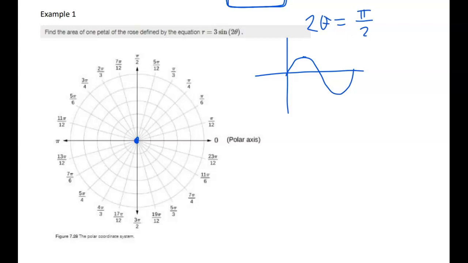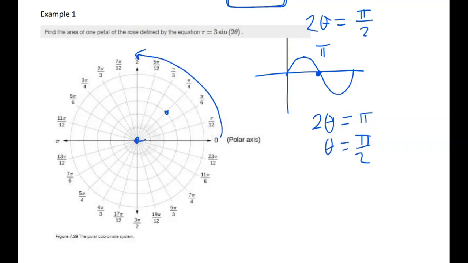So that's at theta equals pi over 4. I'm going to have a radius of 3. So one little loop-de-loop, and then I need to go back down here by pi. But again, if 2 theta equals pi, then really that's at theta equals pi over 2. So one lap is from 0 to pi over 2, I max out at pi over 4, and I loop back in.